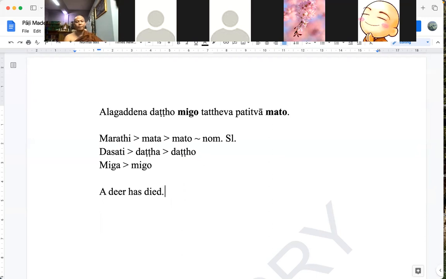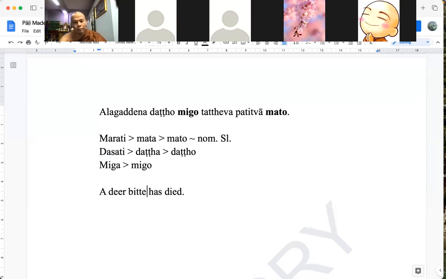Has died. So has died. Okay, so now migo is modified by the past participle. The past participle is "dato", bitten.